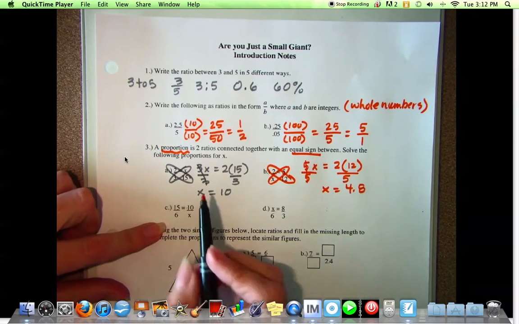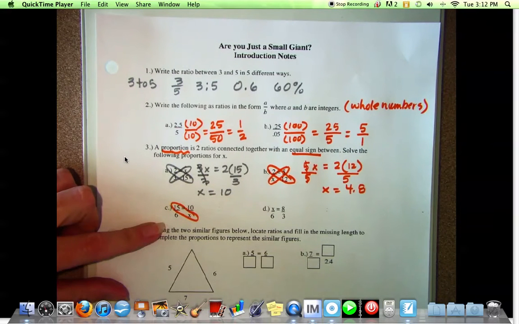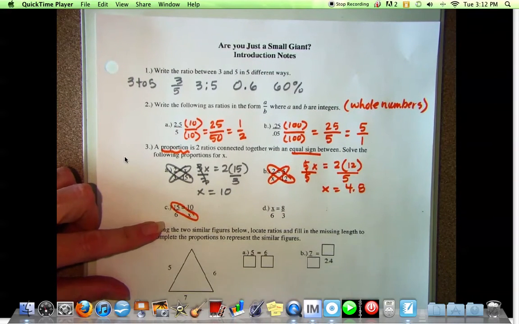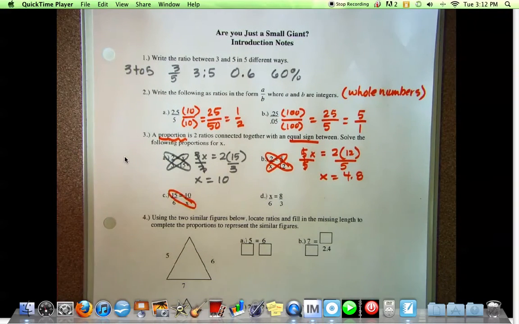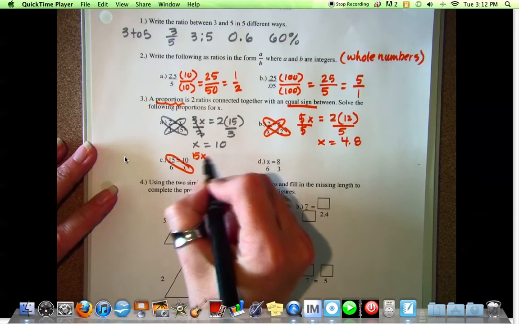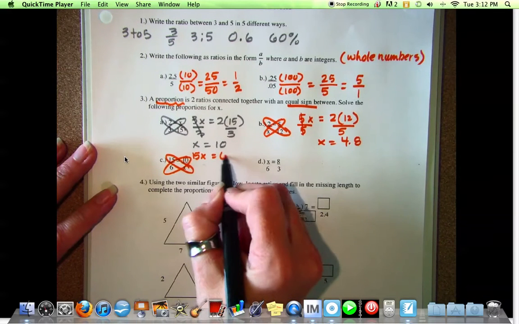C. Notice I am taking the x with whatever number it's across from first. You don't have to, it doesn't matter. So I have 15 times x equals 6 times 10.